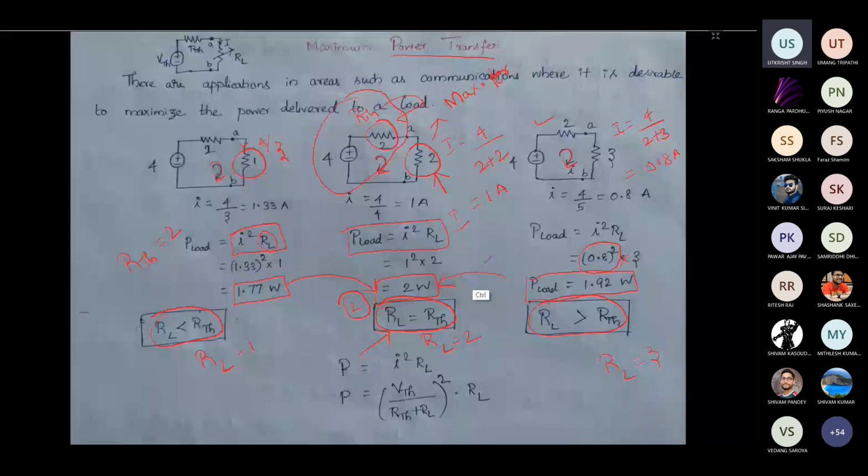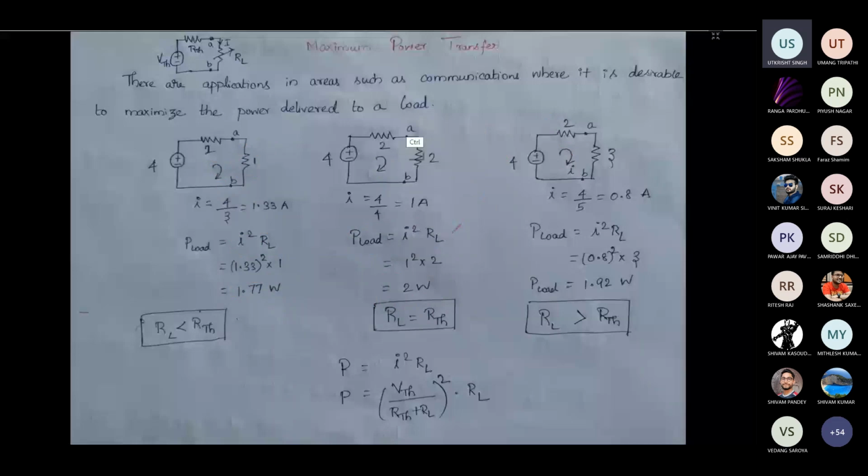Okay, so we will check what the efficiency is for this particular circuit. Let us consider that the maximum power dissipated in this 2 ohm resistor is 2 watts. The power dissipation across this 2 ohm resistor is also 2 watts.